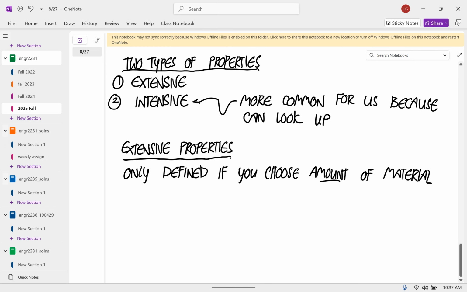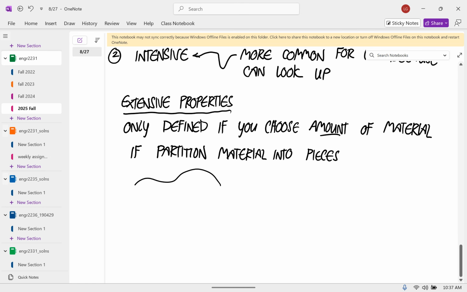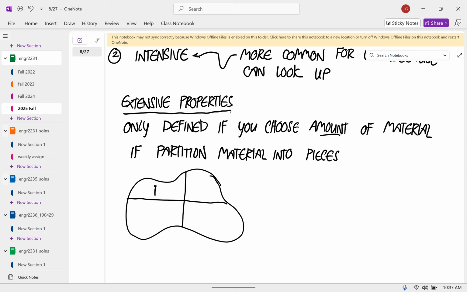You can think of it this way: if you partition a material into pieces. Let's say this blob is all of our material, and let's say we break it up into 4 pieces: region 1, region 2, region 3, and region 4.